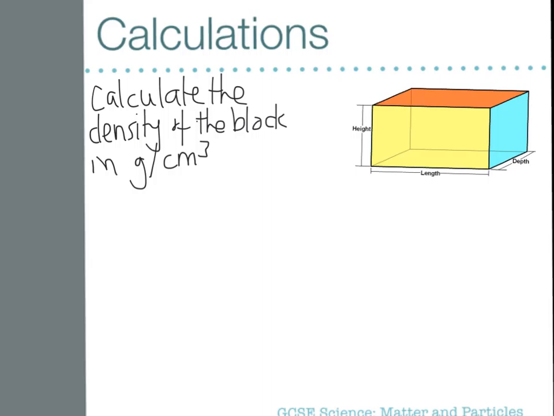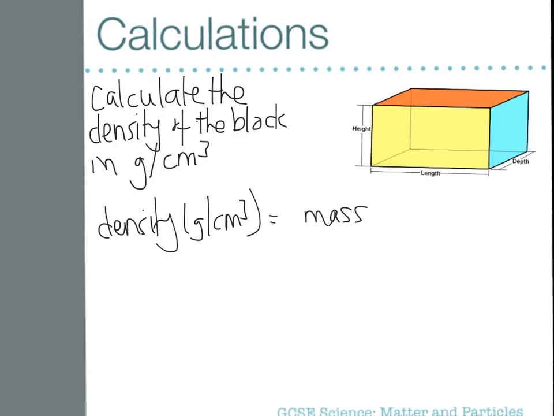Let's imagine that we have to calculate the density of a block in grams per centimetre cubed. In order to calculate density, we need the formula, which is density in grams per centimetre cubed equals mass.